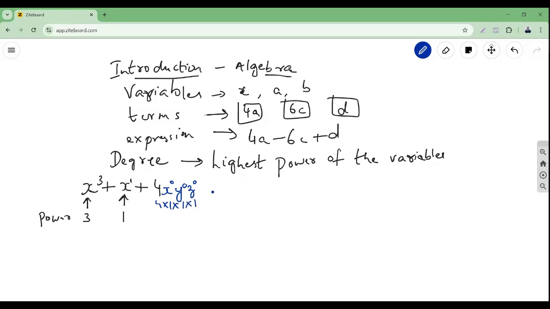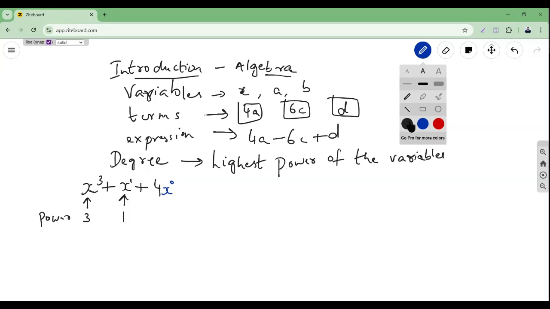So you can assume as many as you want, right? So that brings us to saying that there is an x there also, where the power is 0.